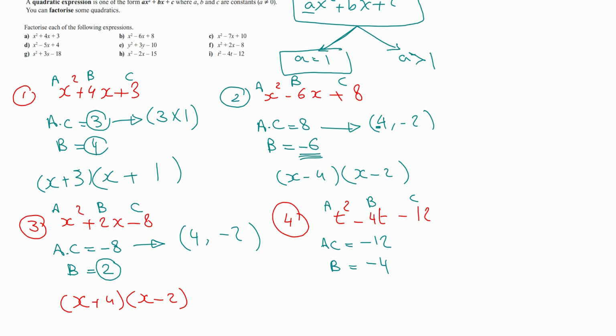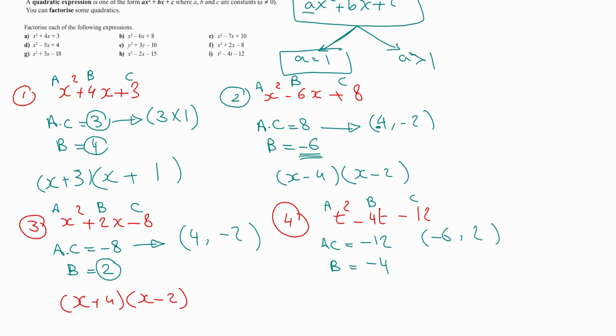We are looking for two numbers whose product is negative 12 and the sum is negative 4. I think it will be negative 6 and 2. 2 times negative 6 equals negative 12. Negative 6 plus 2 will be negative 4.